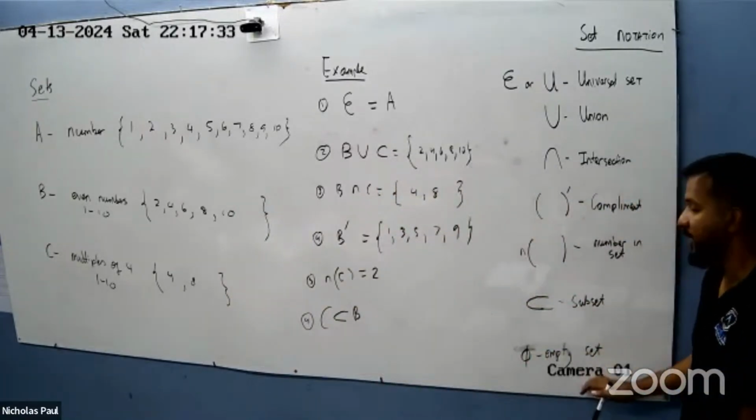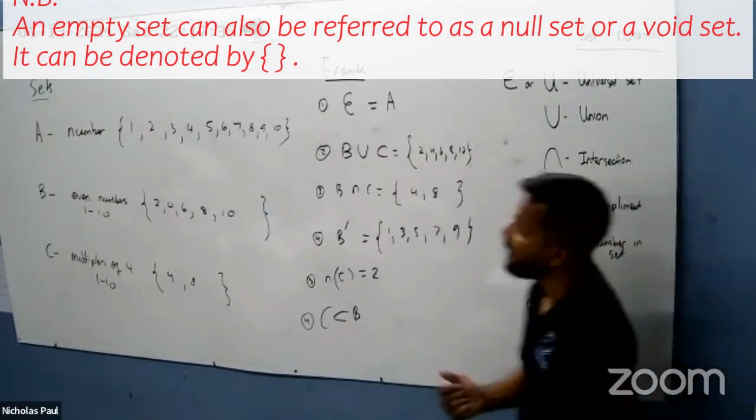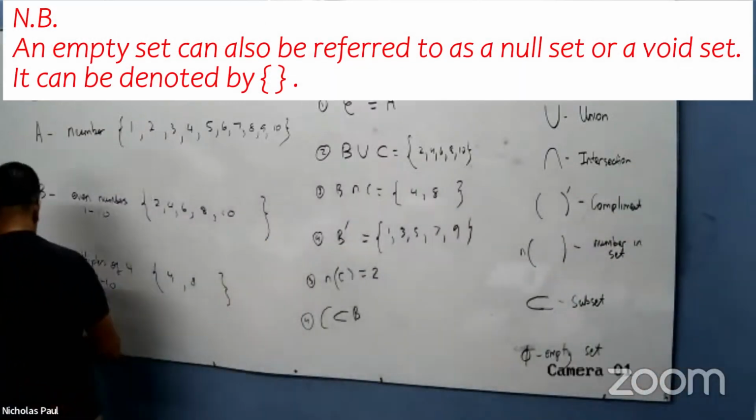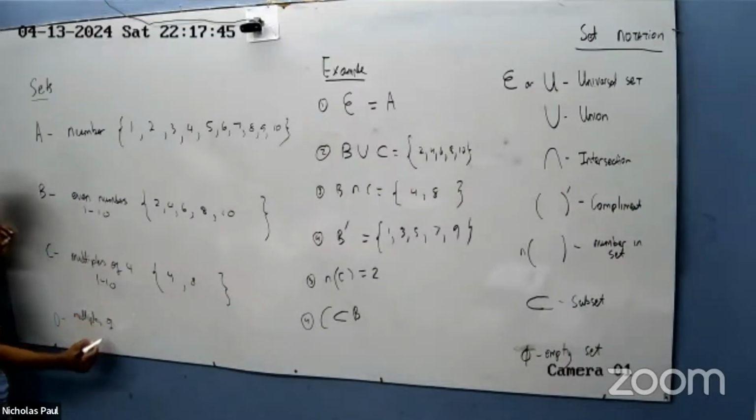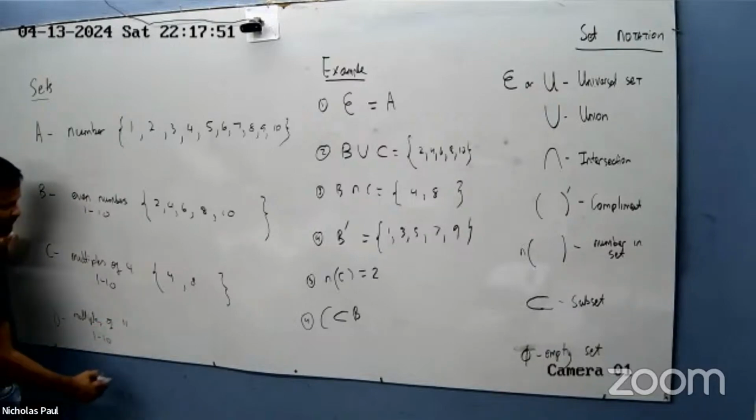Empty set means a set with no elements. Let's make up one here. Let's say multiples of 11 in the values 1 to 10.